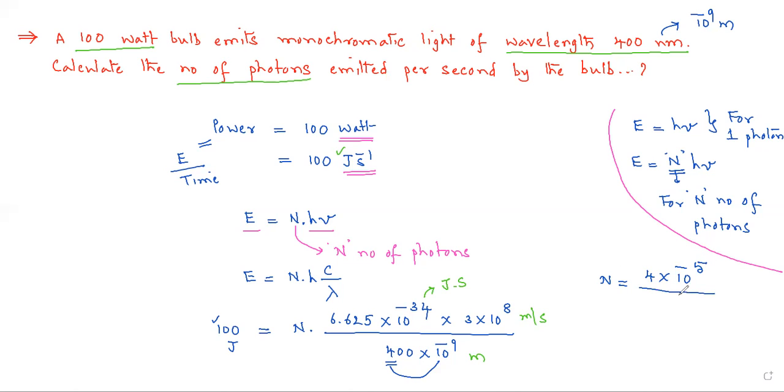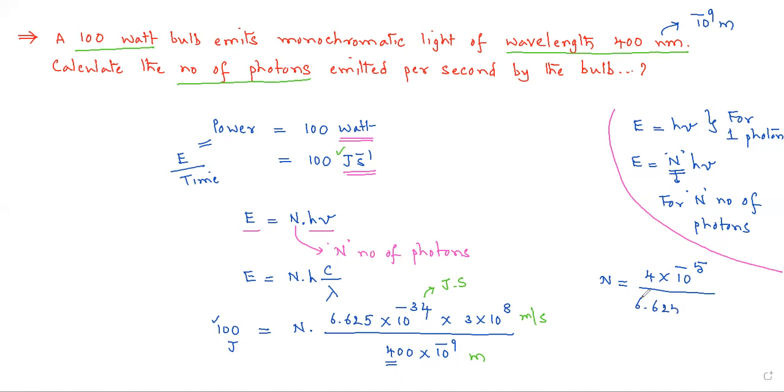Hope this is clear. 4 into 10 power minus 9, and this is 10 power 2. This is again 10 power 2, means 10 power 4, and then this 10 power minus 9. I think 4 into 10 power minus 5 is what we get.